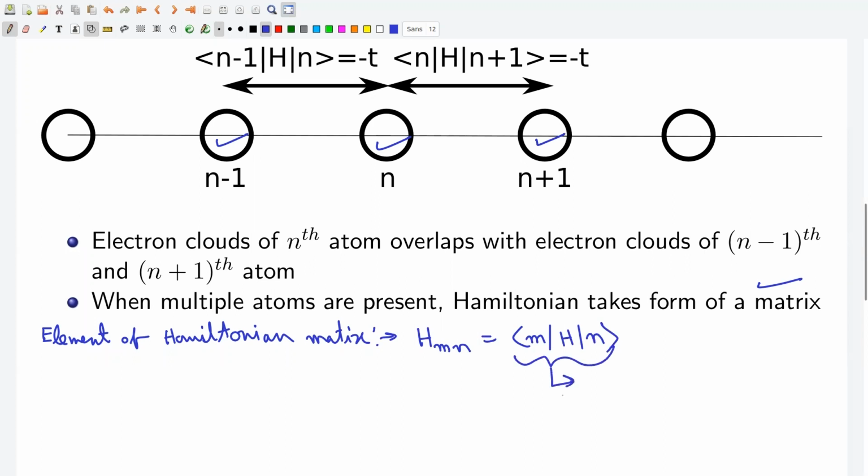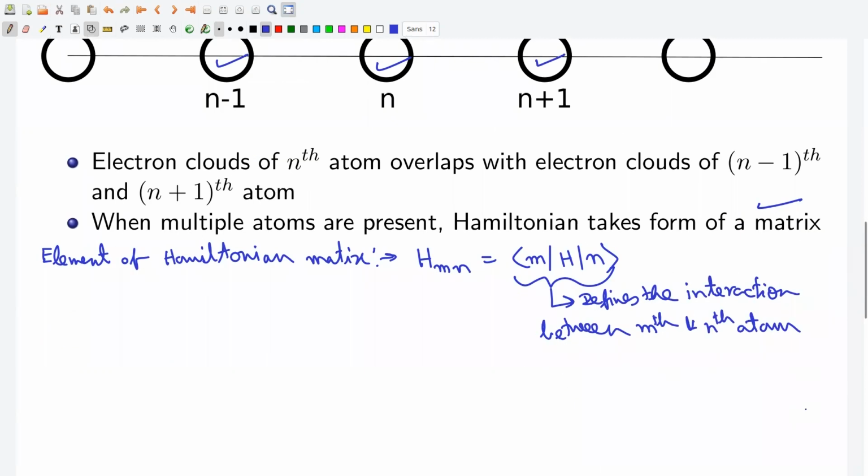This defines the interaction between mth and nth atom. Now take the nth atom. It has two nearest neighbors, n-1 and n+1.